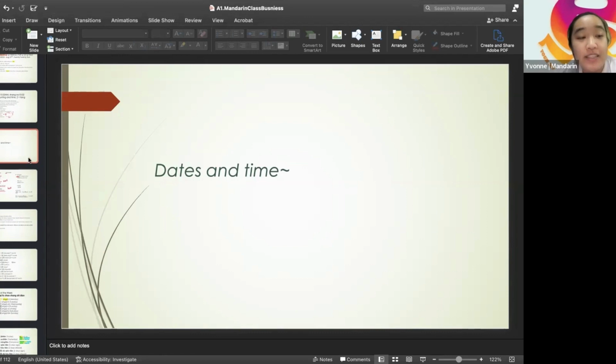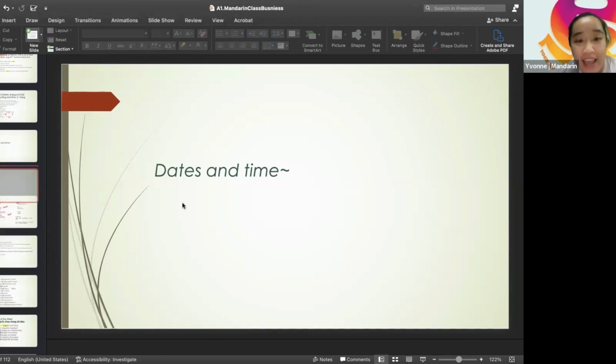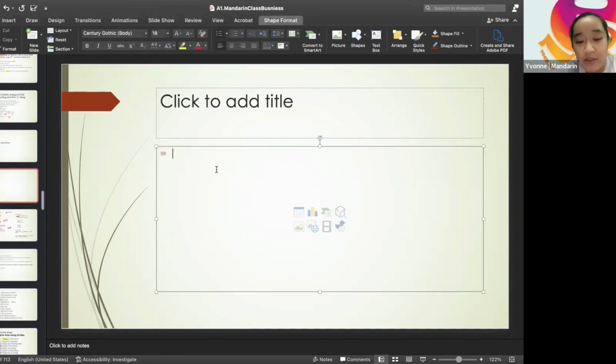Okay, so just remember, take note. When it comes to 年, it means the word year. 月 means the word month, while 日, written, or 号, spoken, is the word for the day.